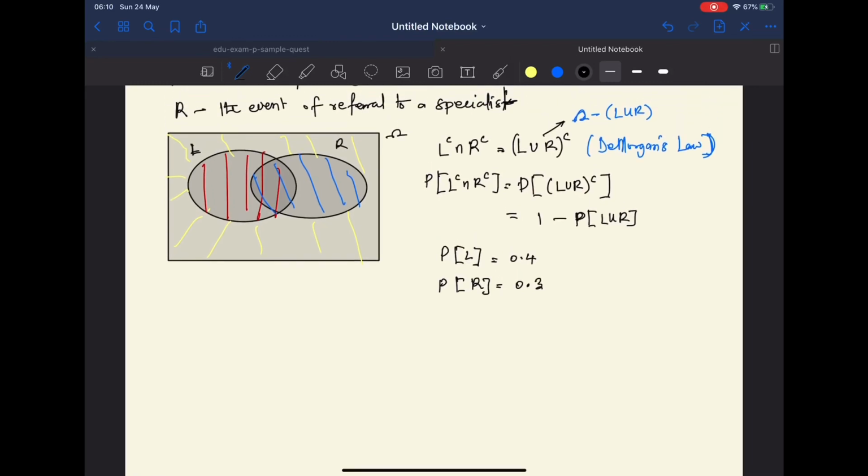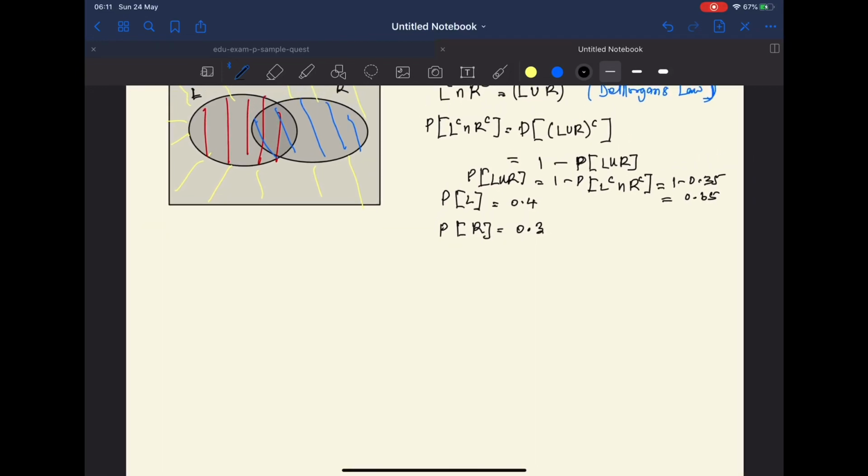So if we know this to be 0.35, then we can find the probability of L union R, and that is 1 minus the probability of L complement intersection R complement, which gives us 1 minus 0.35, which is 0.65. We are okay with it.